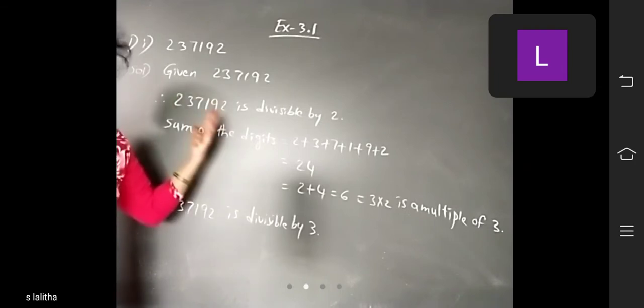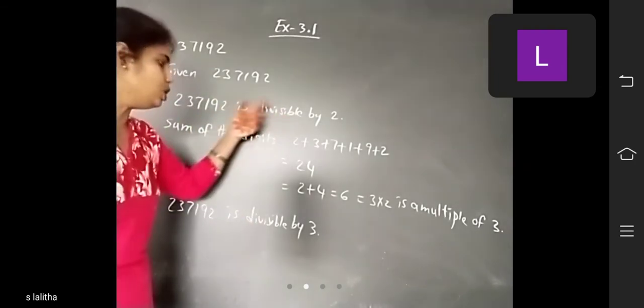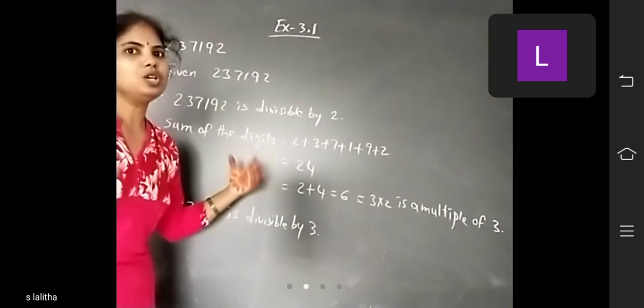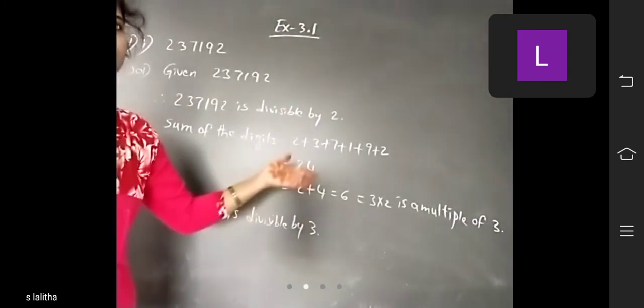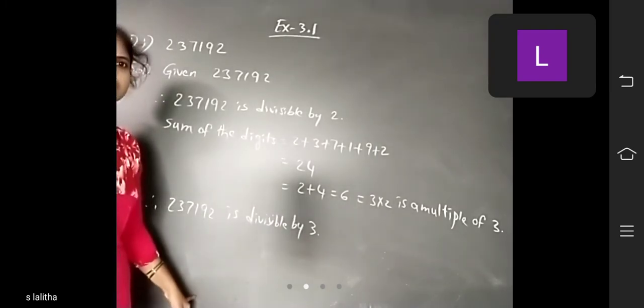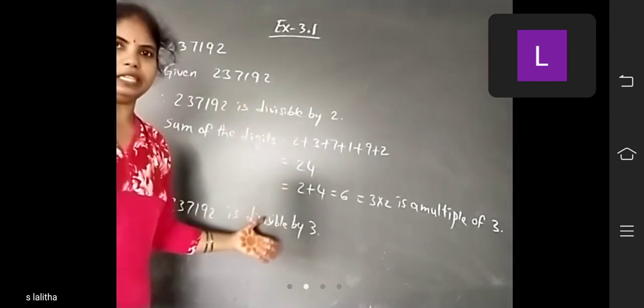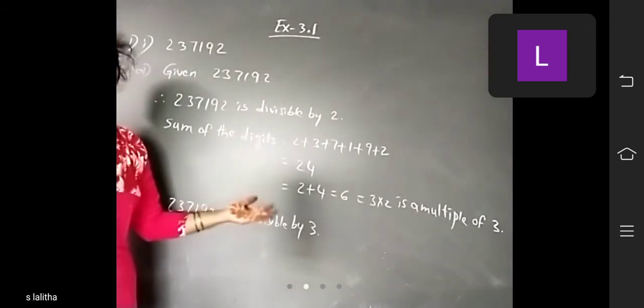Next, is it divisible by 6? Yes. Why? Because it is divisible by 2 and it is divisible by 3. So therefore, this number is divisible by 6. That is the rule only. What is the rule for divisibility by 6? If the number is divisible by both 2 and 3, then that number is divisible by 6.